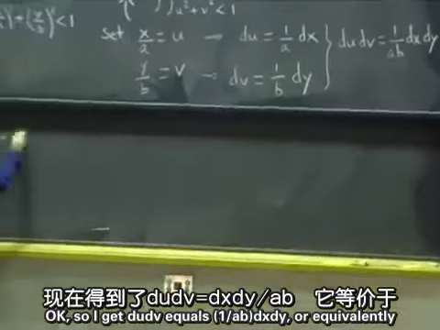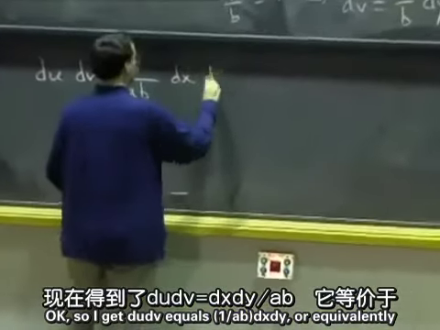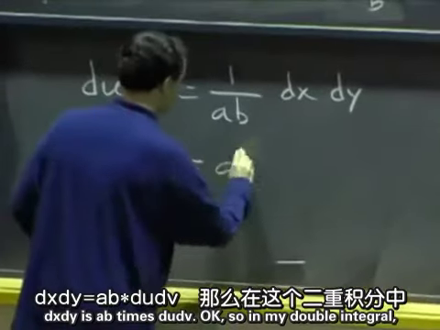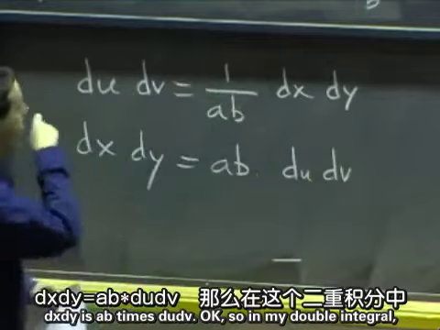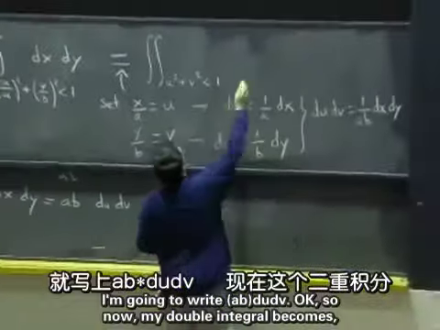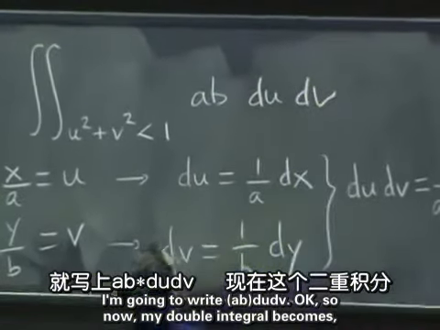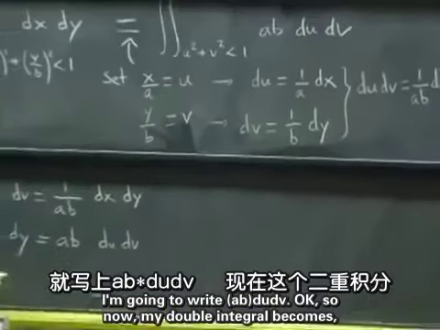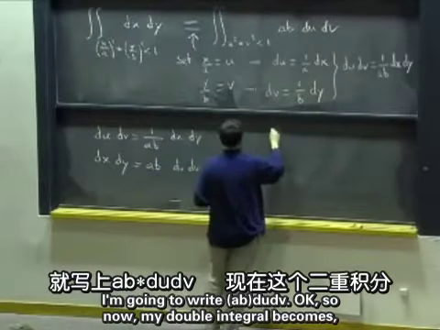So I get du dv equals 1/(AB) dx dy, or equivalently, dx dy is AB times du dv. So in my double integral, I'm going to write AB du dv.